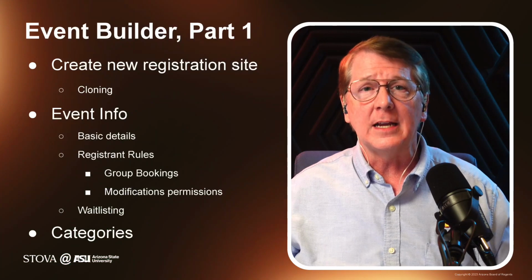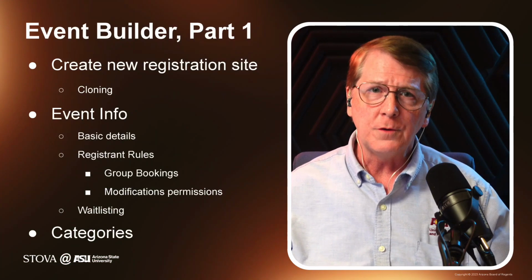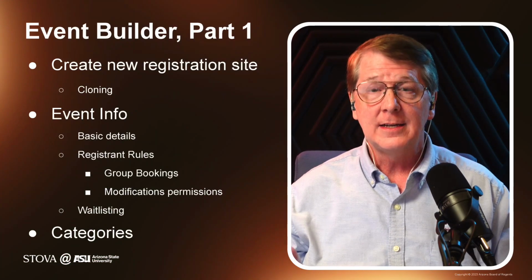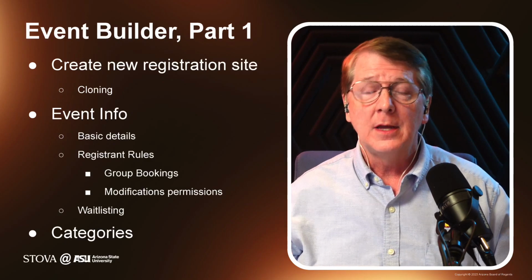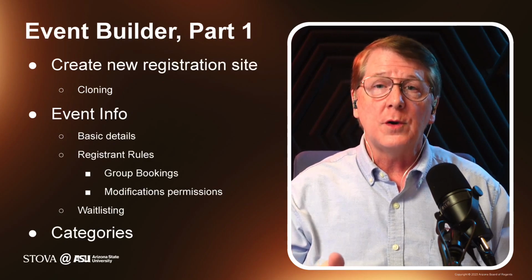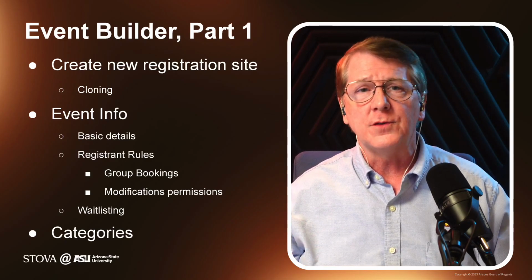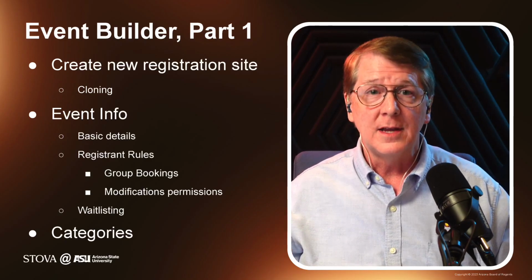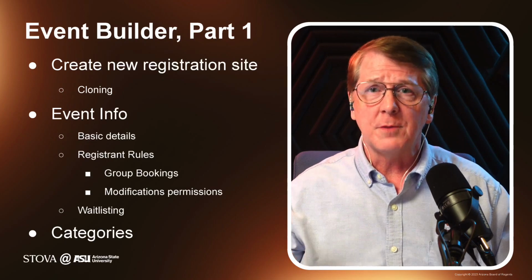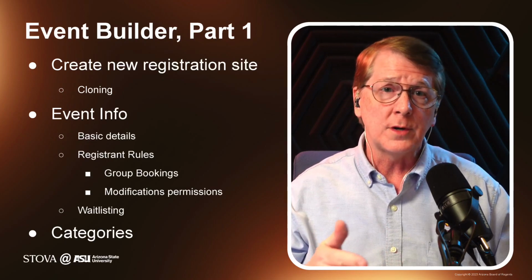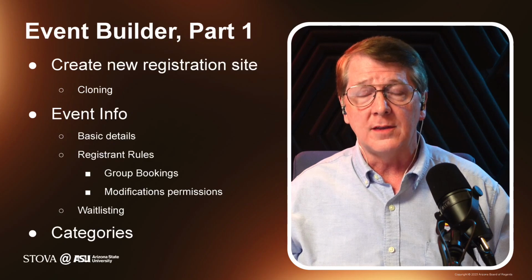So today, again, Event Builder Part 1. So we'll focus on how to create a new registration site. We're going to focus also on the first tab of the registration site, the Event Info tab, how to customize basic details. We're going to go field by field to let you know what's important and what's not when you're setting this up.